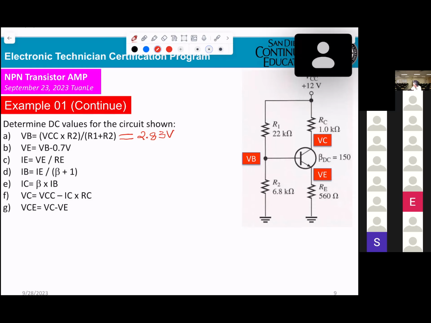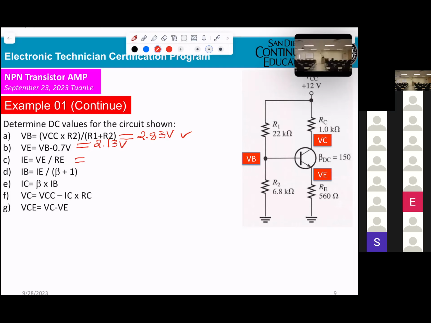So it looks good. Next one, VE. Should be 2.13.